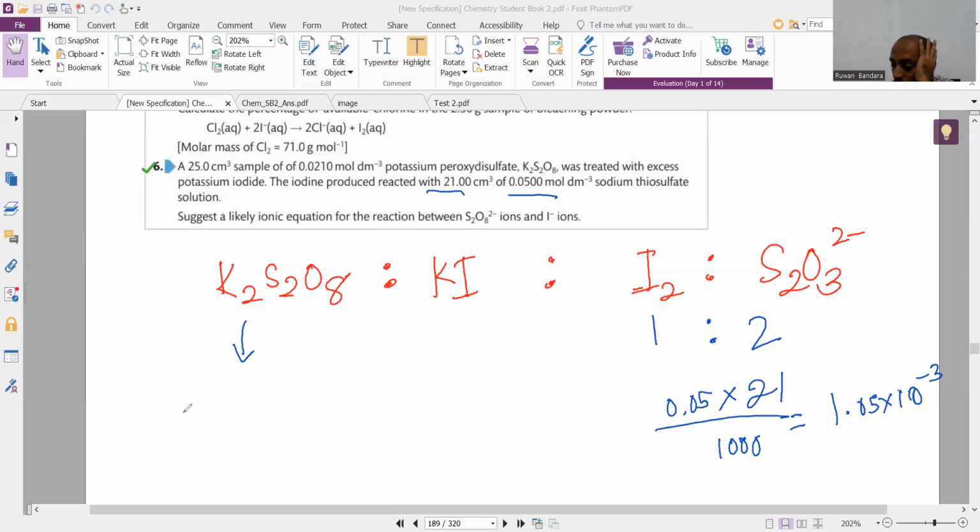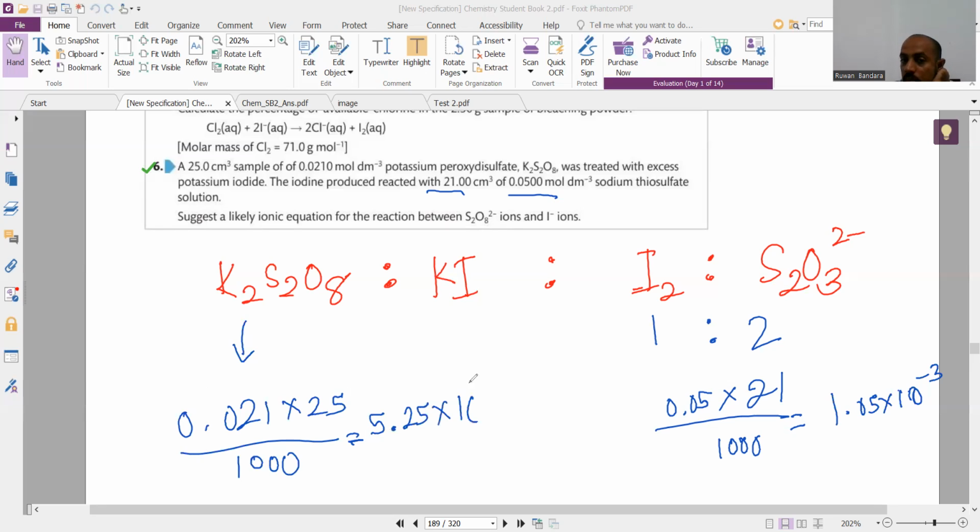And looks like the same. 25 into 10 to the power of minus 4.